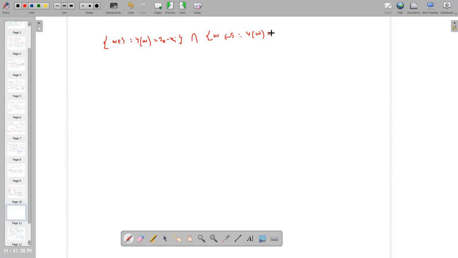This will be non-empty only if zk minus xi is equal to this yj. And actually there is a third intersection, but that does not matter because this will all give you the null set, right? Okay, thank you.